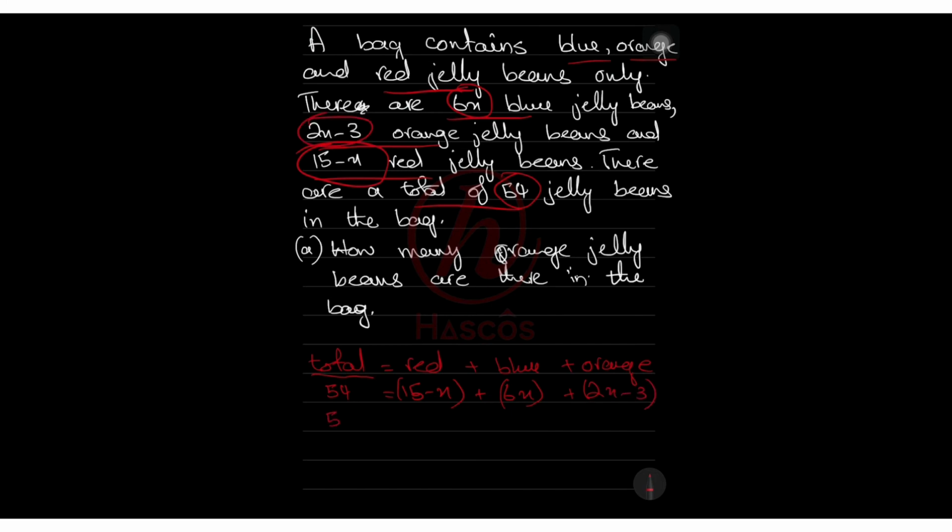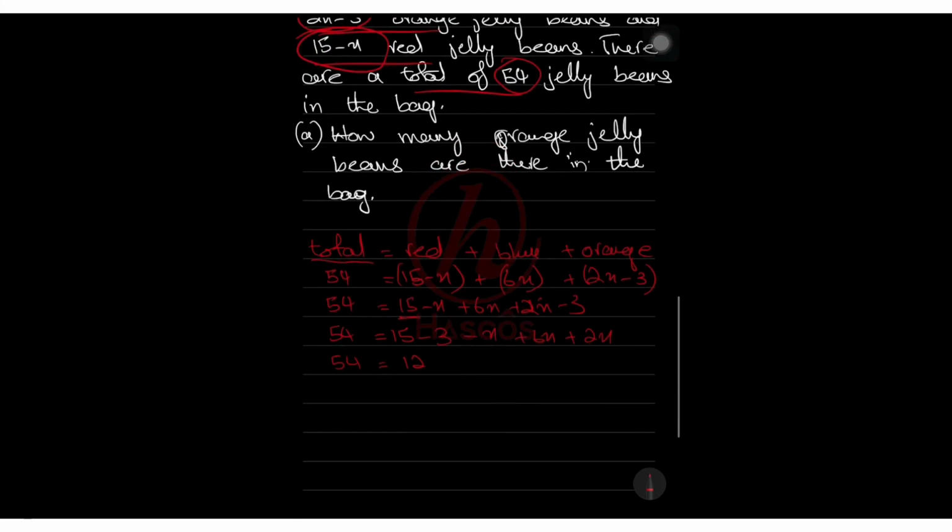Let's start solving that. 54 is equal to 15 minus x plus 6x plus 2x minus 3. Let's write 15 and minus 3 all together, and let's write other coefficients all together. 54 is equal to 15 minus 3 is 12. Minus x plus 6x is minus 5x.